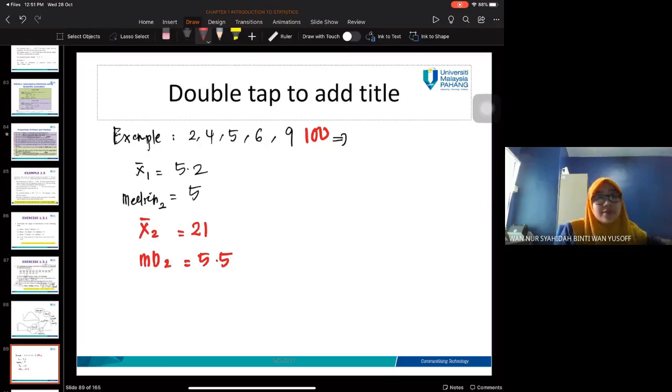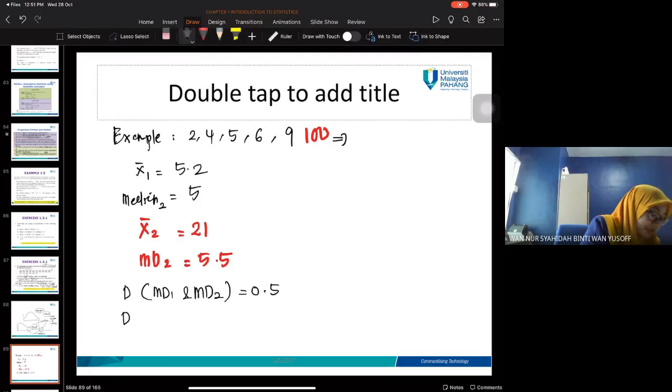Okay, can you see the difference? The difference between median 1 and median 2 is only 0.5.